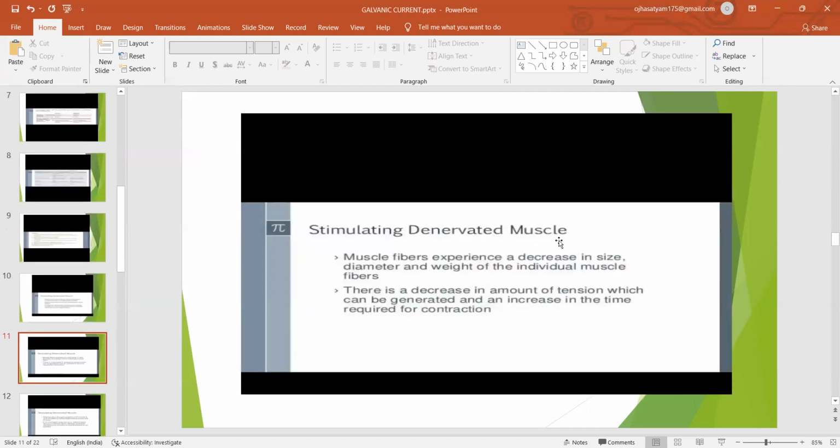Stimulating denervated muscle. Muscle fibers undergo a decrease in size, diameter and weight of individual muscle fibers. There is a decrease in the amount of tension which can be generated and an increase in the time required for contraction.